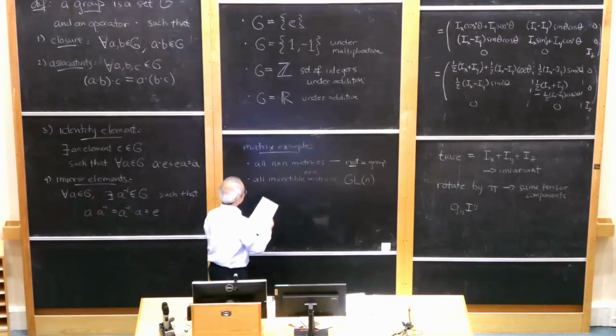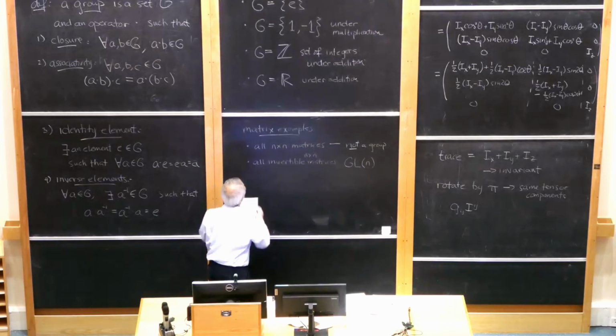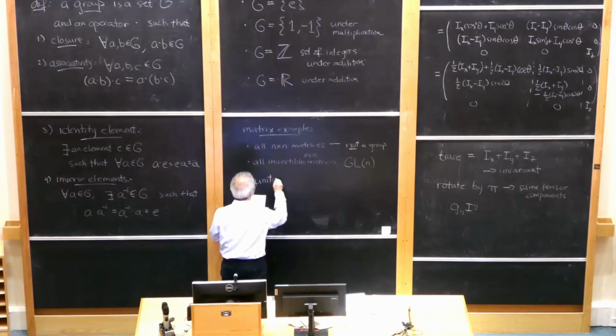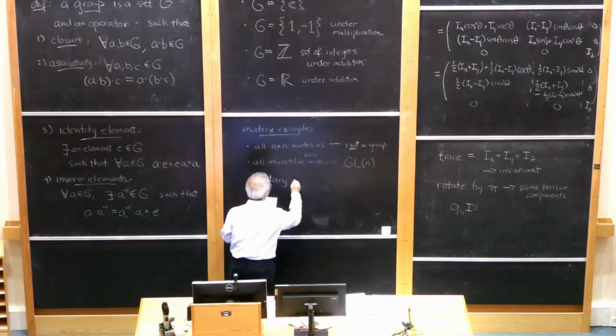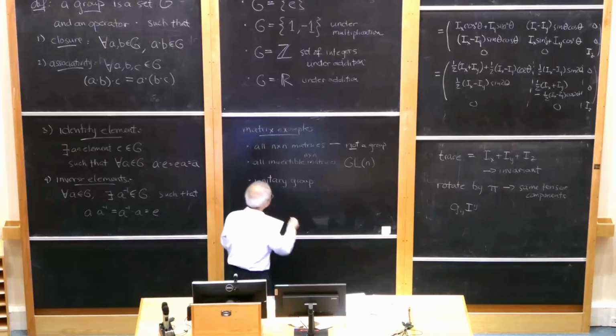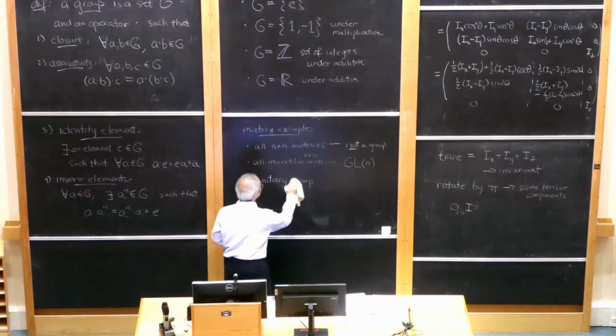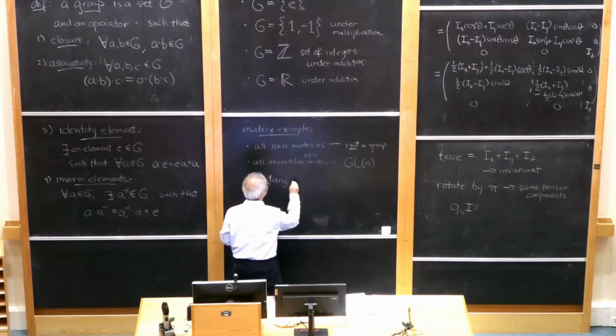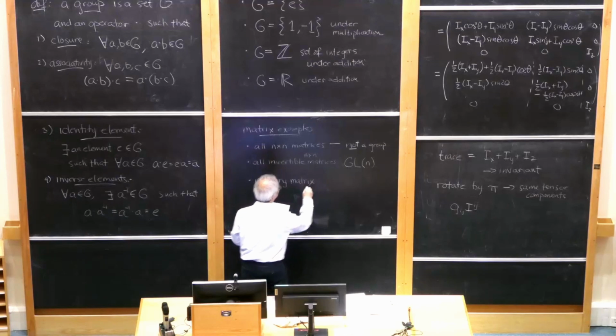Then there is also the unitary matrices. Well, actually, I should really not call this a group yet, because we'll talk a little bit more about what's the difference between a matrix and a group element.